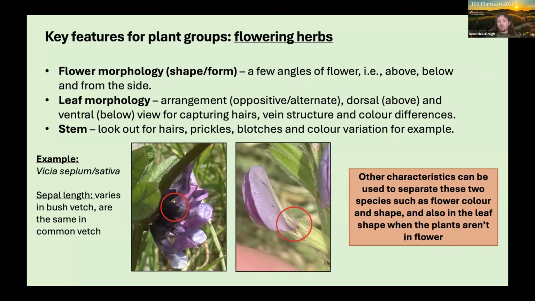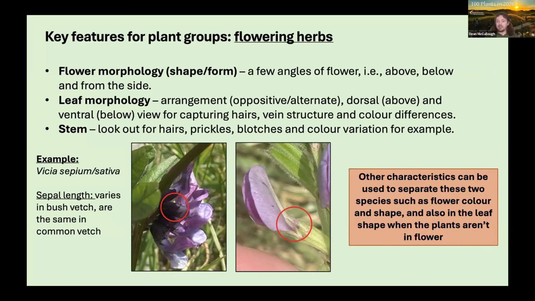Leaf morphology: how are the leaves arranged? Are they opposite or alternate? Is the color different from the top of the leaf versus the underside of the leaf? What are the vein structures like? Are there hairs on the leaves? Are there color differences, as I said? And then the stem, a lot of species, the clincher of ID is in the stem.